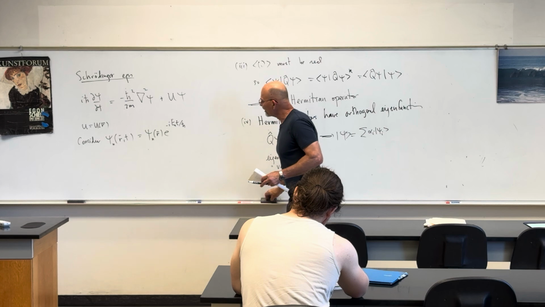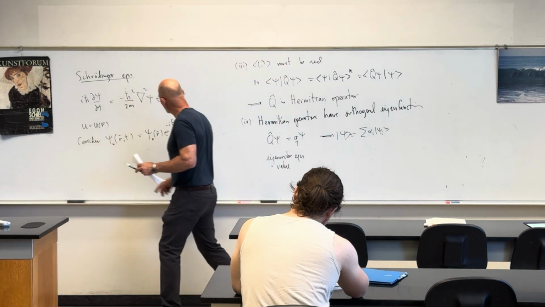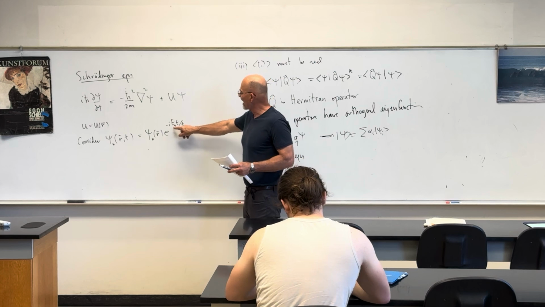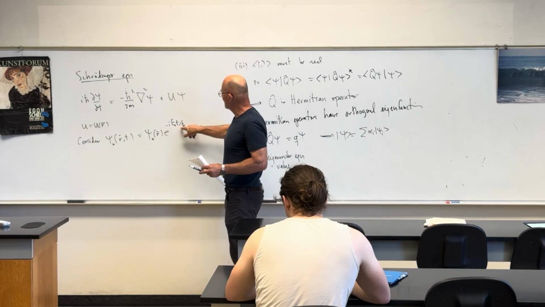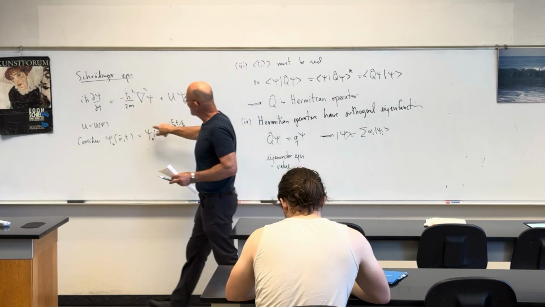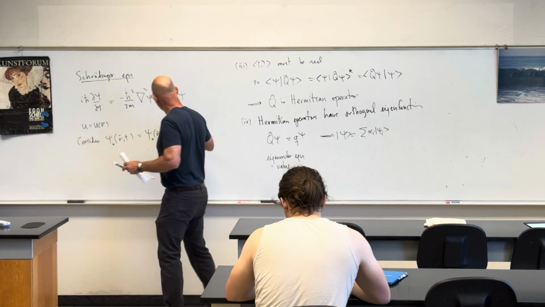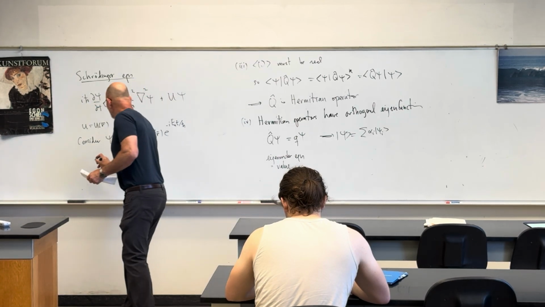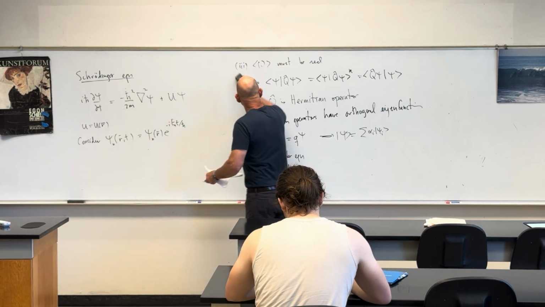And what happens here is when you take the time derivative of this, you just get E sub n over h bar times i h bar. You just get E sub n. So when you do that, and this is the one we'll study, I'm going to go ahead and raise up here.